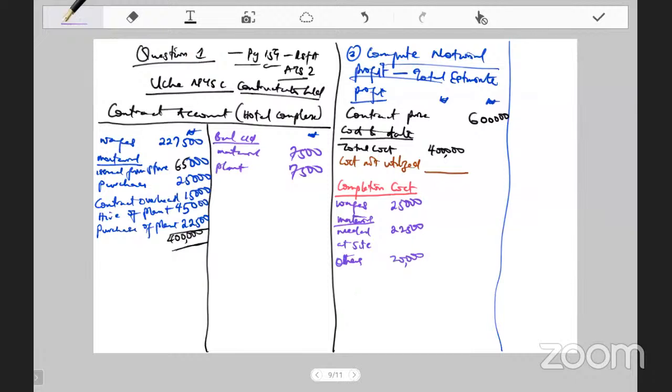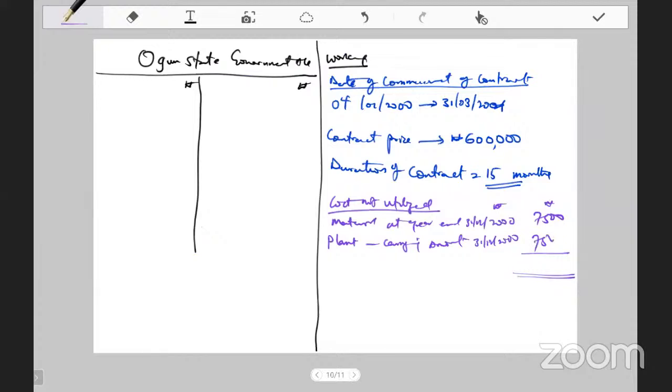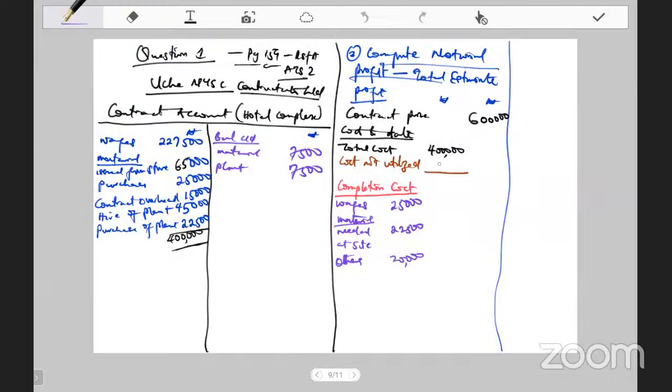Which simply means that my cost not utilized is 7,500 plus 7,500, which will give me what, class? The cost not utilized will now be 7,500 plus 7,500. That will be a total of how much? 15,000.